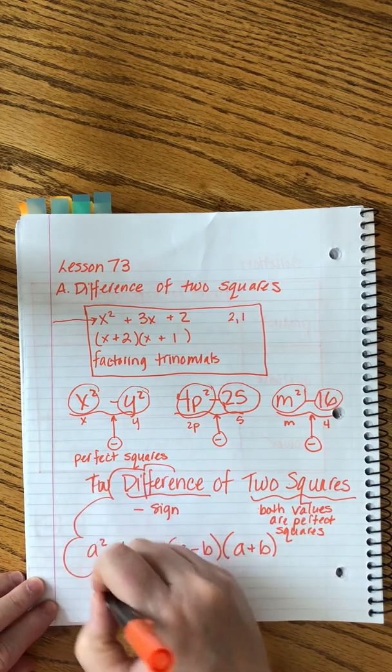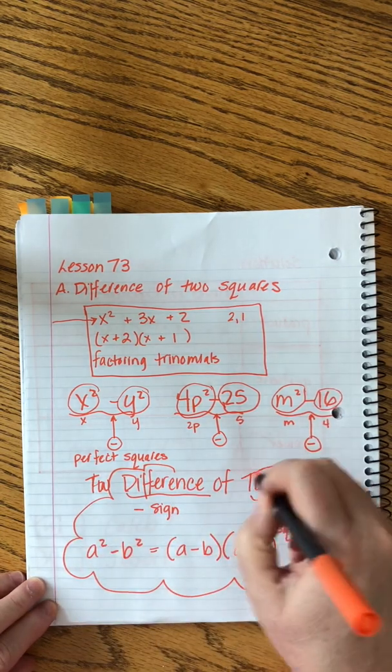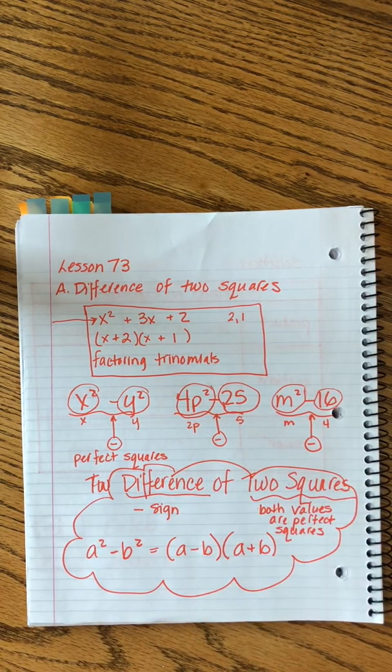And I'll show you some examples. I know that doesn't make sense yet. Just copy, and trust me, we're going to do 4 quick examples to show you how fun this can be. I'm going to copy this to the top of the next page.